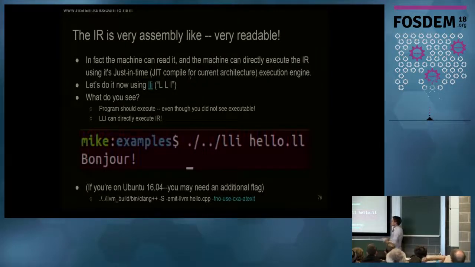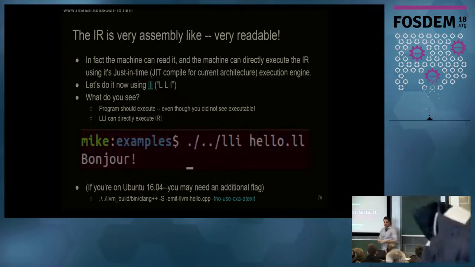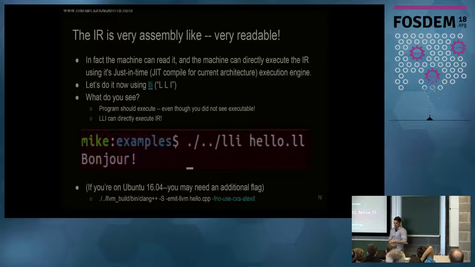Because it's very readable, I think this assists in this project. If I actually want to run this program, I haven't generated any executables or binaries yet. I'm just doing lli hello, and this is our textual bitcode again, and I get the same output for bonjour. So that's pretty neat. I can just run it really quick like that.